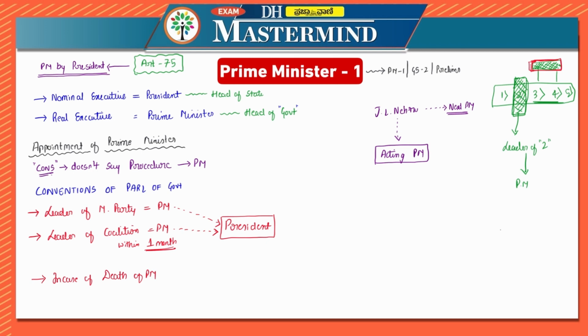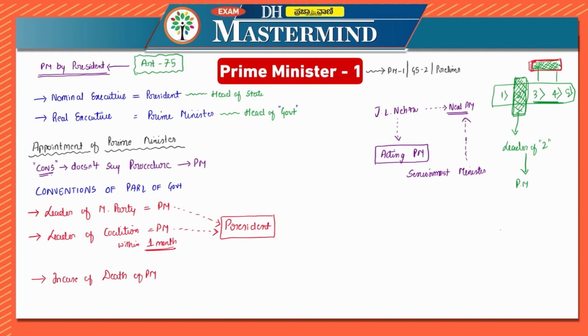So at that point of a time, Gulzari Lal Nanda was appointed as a prime minister, because the convention at that point of a time was that the senior most minister will be prime minister.